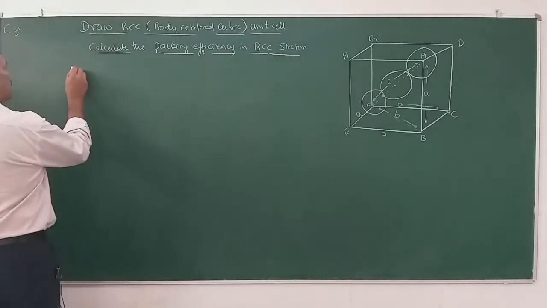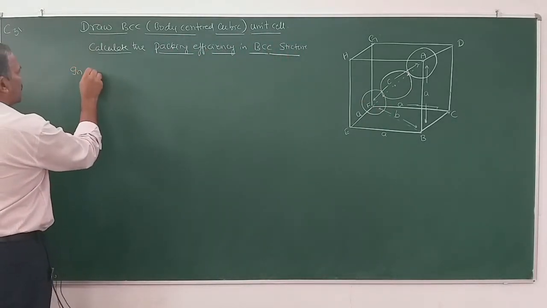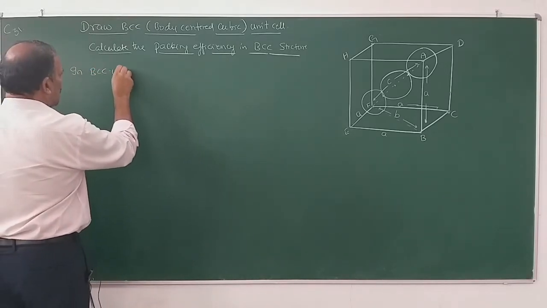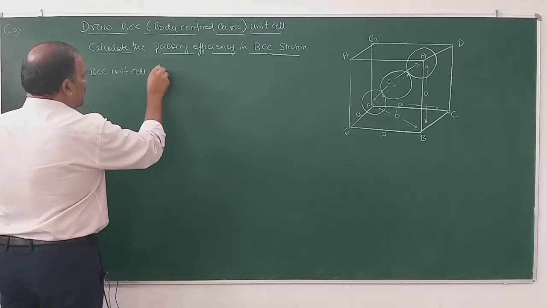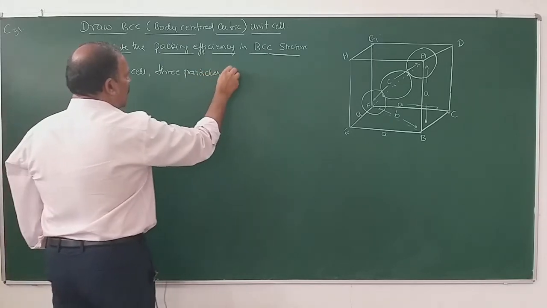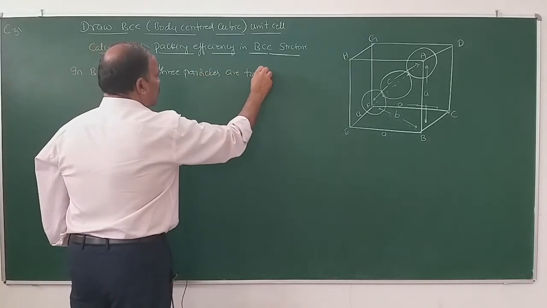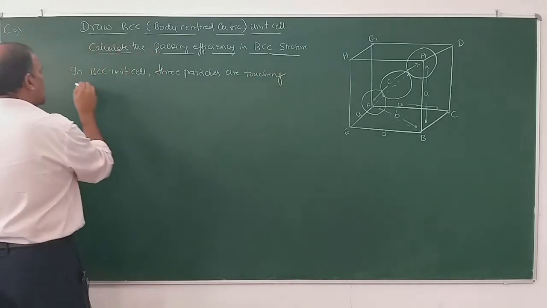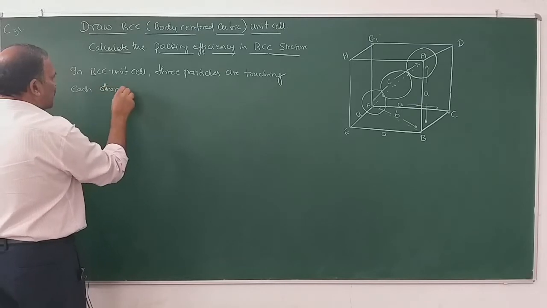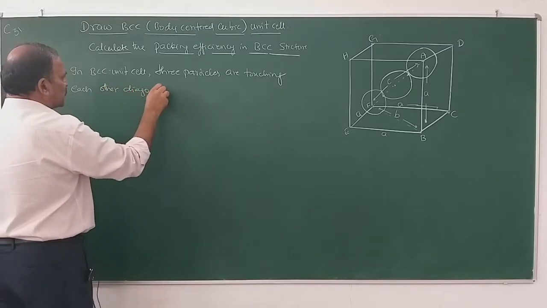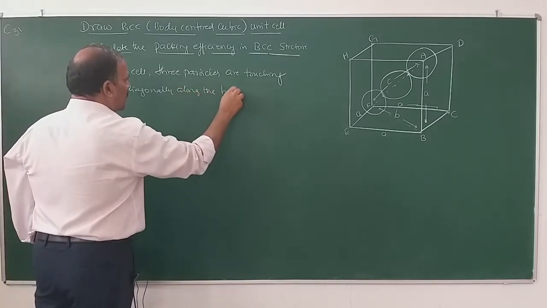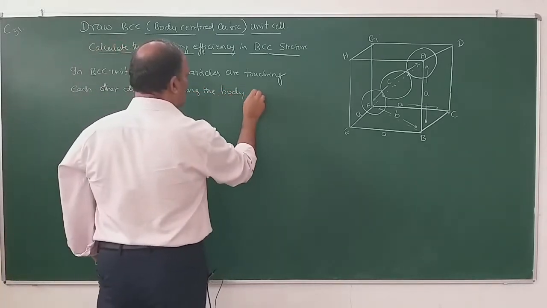Write down: in BCC, body centered cubic unit cell, three particles are touching each other diagonally along the body, as shown in figure.